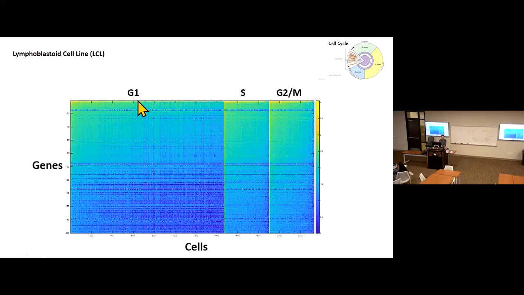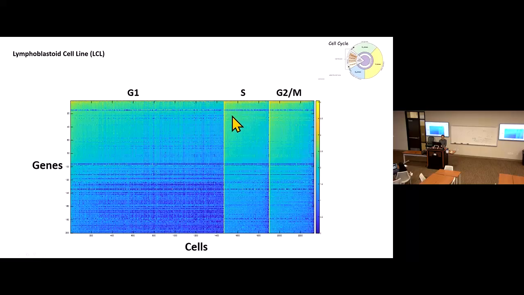We look at the cells. Those are the cells, those are the genes. The matrix is much bigger; this is only 200 genes as an example. We first look at the cells in the G1 phase, S phase, and G2 phase of the cell cycle.